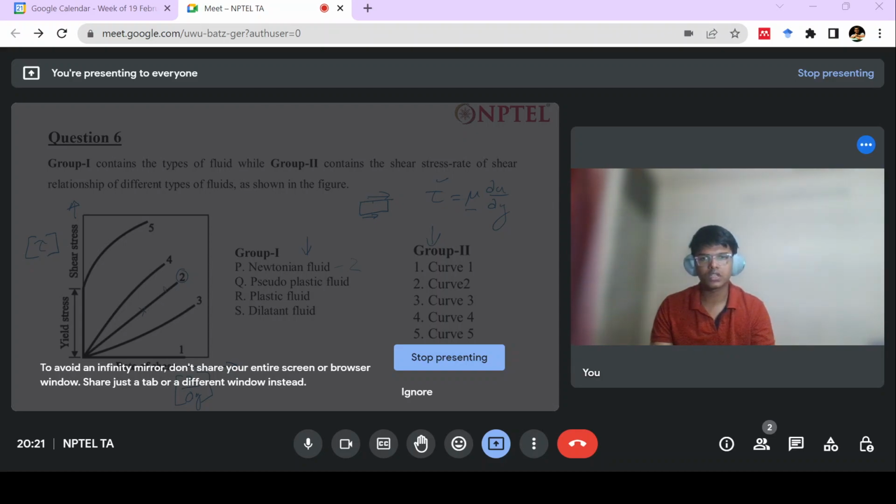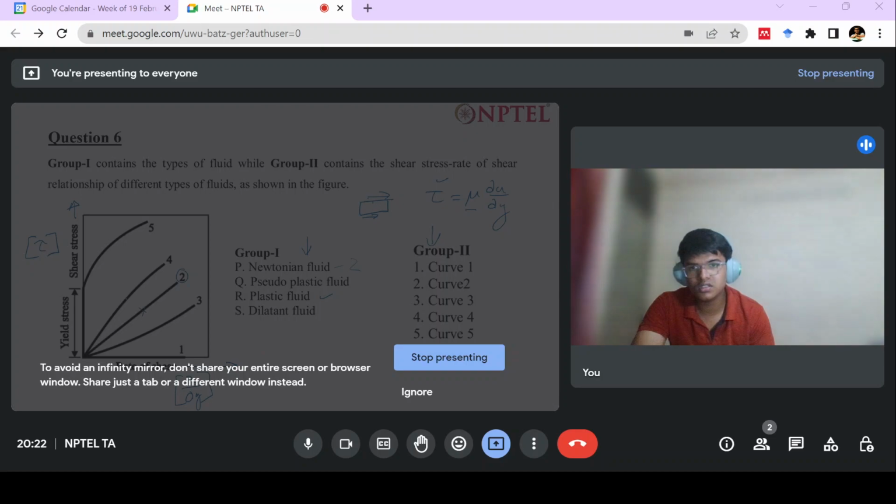But once you provide a certain threshold of stress, if you provide more stress, it will start to have a rate of shear. That means it will start to flow like a fluid. So only after a certain threshold of shear stress does it become a fluid. So those are called plastic fluids, Bingham plastic fluids.